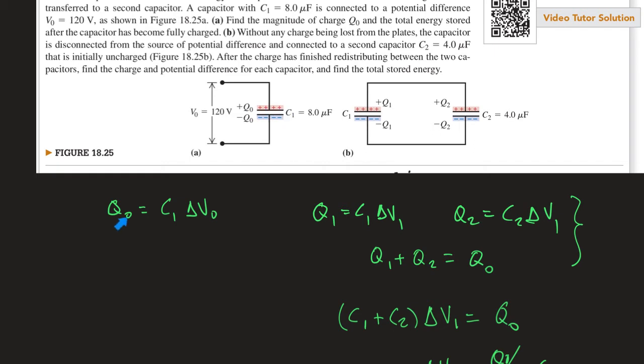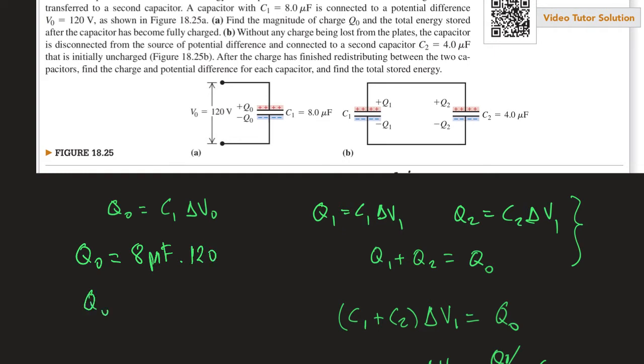The total charge that you can place is proportional to the difference of potential. So in this case, the total charge that you can place, Q0, will be the capacitance, that is 8 microfarad, multiplied by the difference in potential that you have on the capacitor, that is 120.